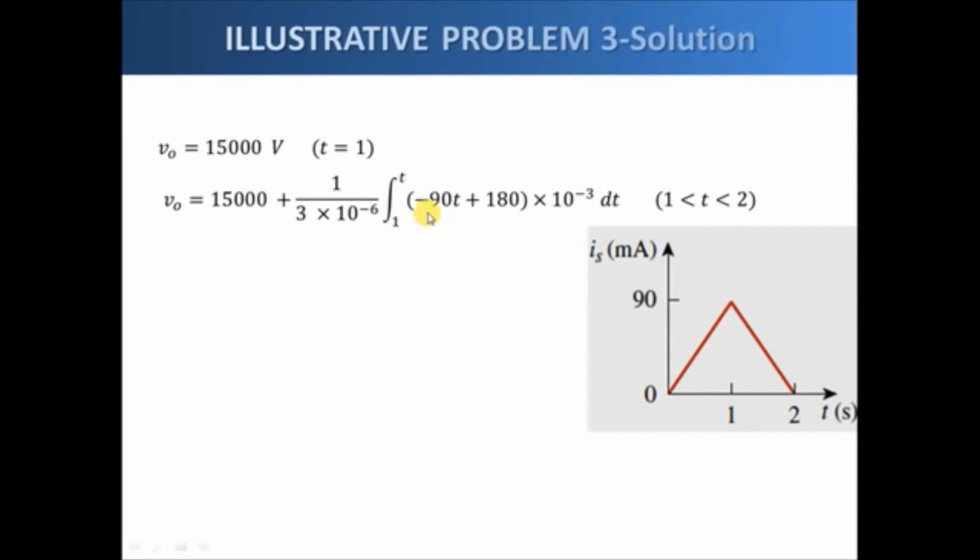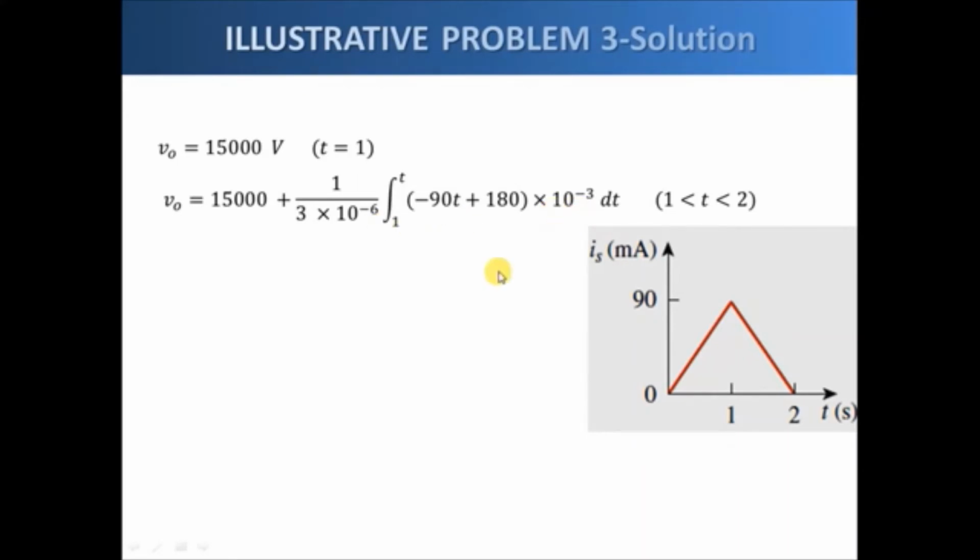We need to identify the equation for the current between 1 and 2. This is the line here. Applying algebra, we get negative 90t plus 180 as the equation of the line, expressed in milliamps.